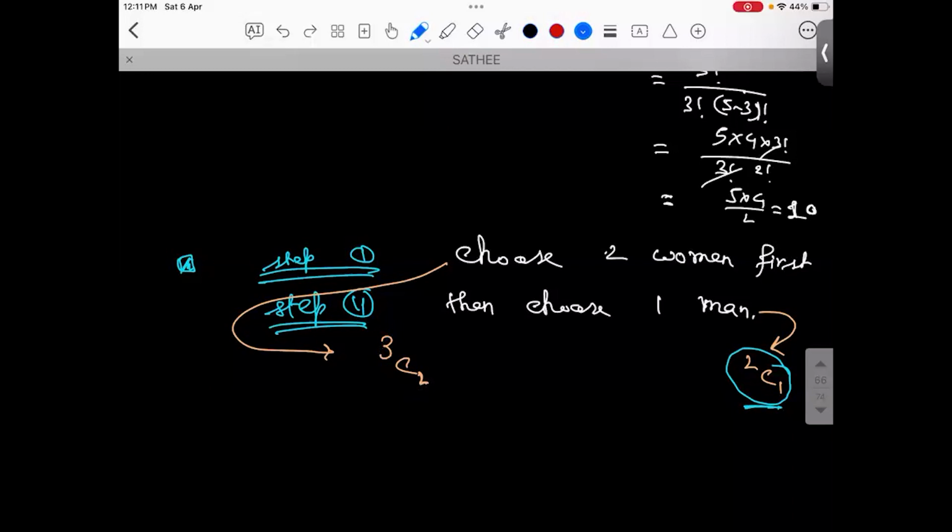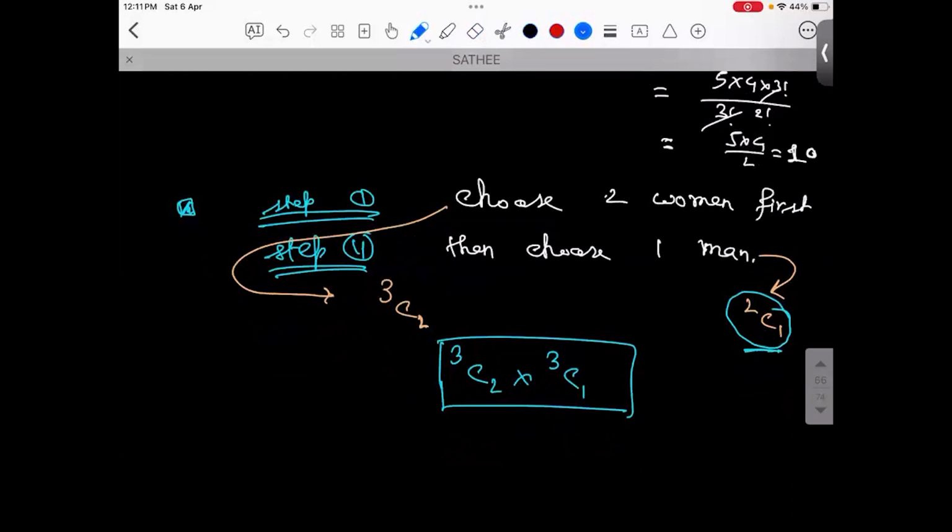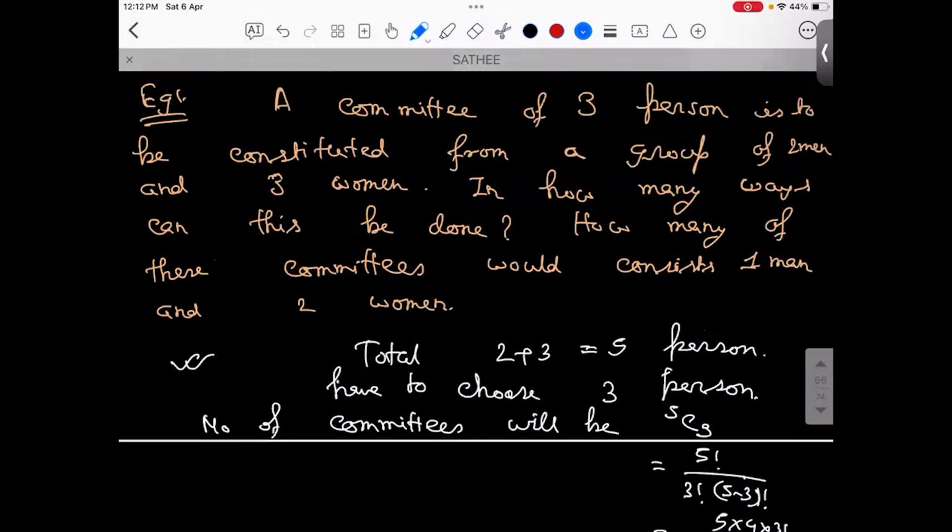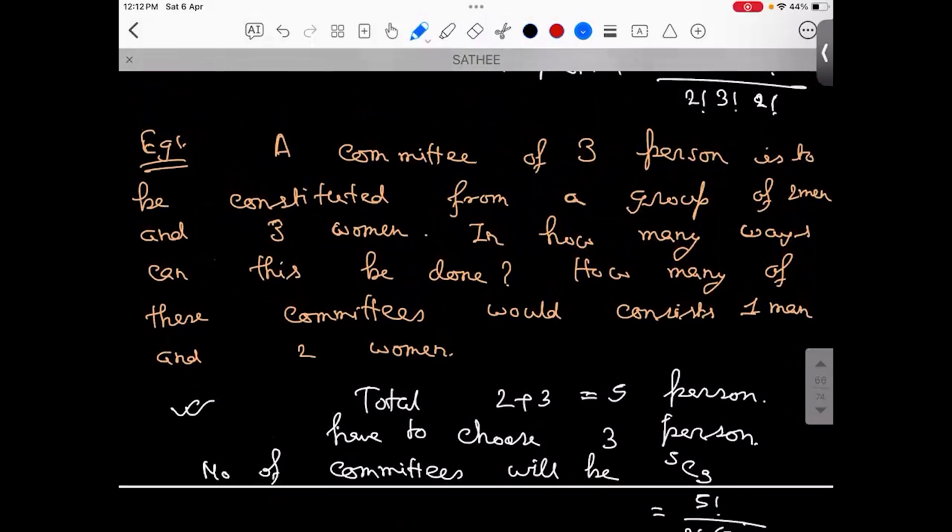We will get 3C2 into 2C1. Fine. Let us write it properly. 3C2 multiplied with 2C1. So this is the number of total committees we can form by choosing 2 women and 1 man.